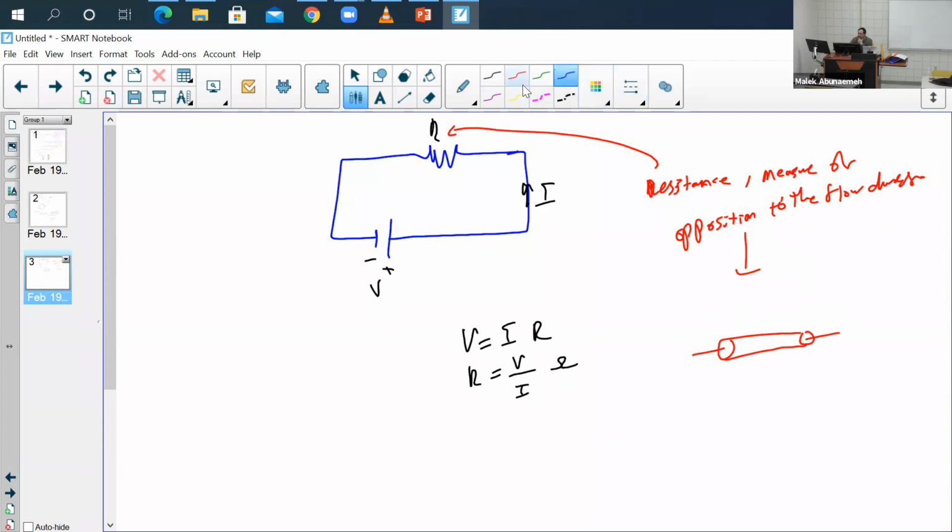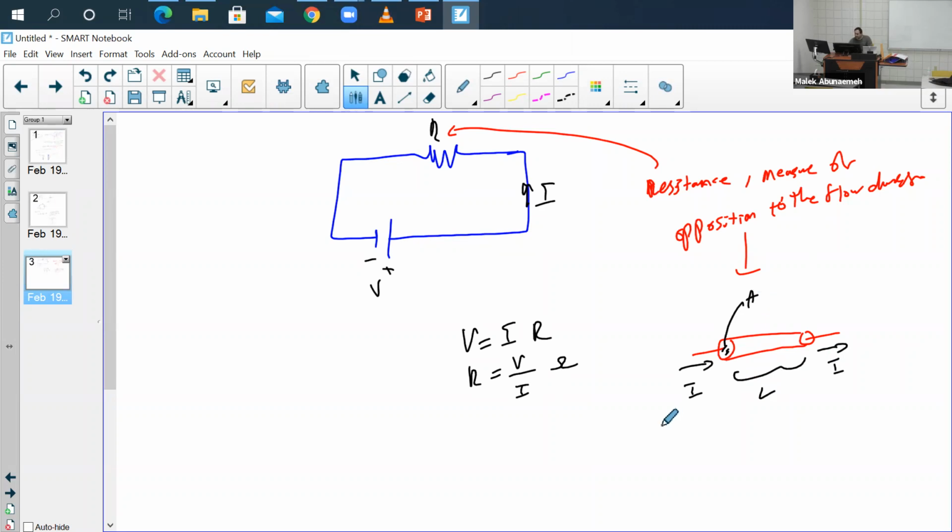Your current I comes in, and a current I comes out. This is going to be your length L, and right over here, that's the cross-sectional area A.